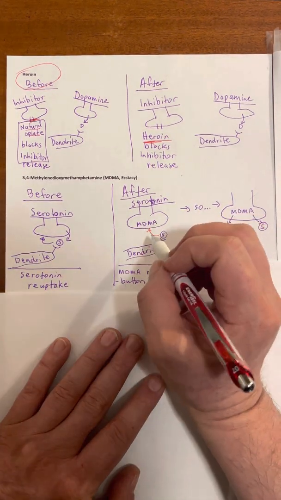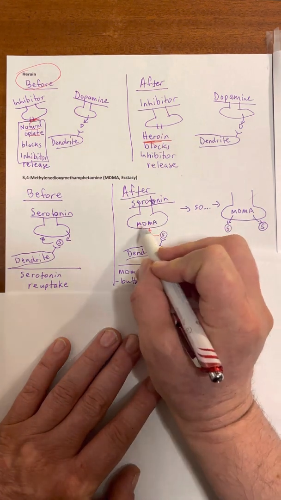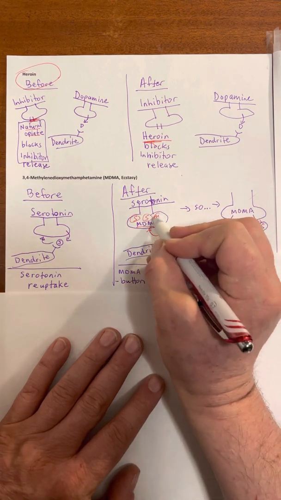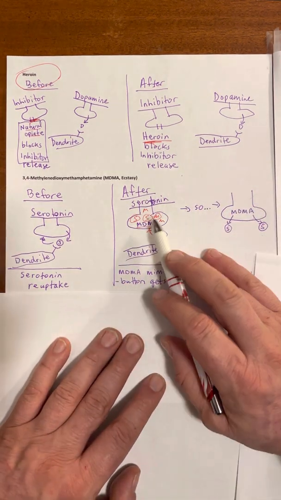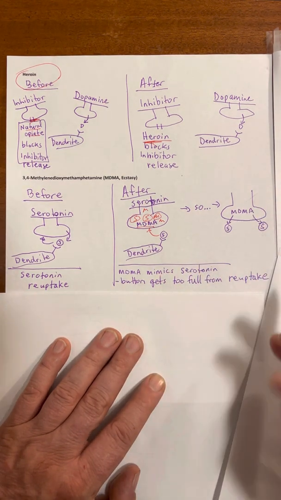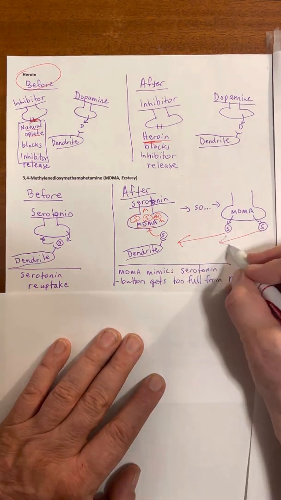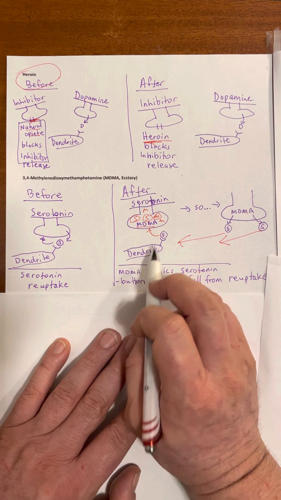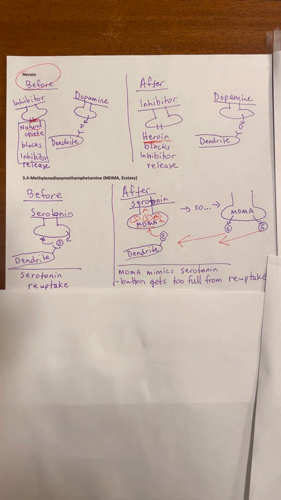But now this terminal button, because MDMA mimics serotonin, is filled with the MDMA and the serotonin. Put a little M there, M there, M there. Right, so it's getting filled up with both. Needs to kick something out. So what does it kick out? It kicks out the serotonin. And so the serotonin will then float across the synaptic cleft and continue to stimulate the serotonin dendrite that it had been stimulating before. Right, and that's what's leading to its effects.